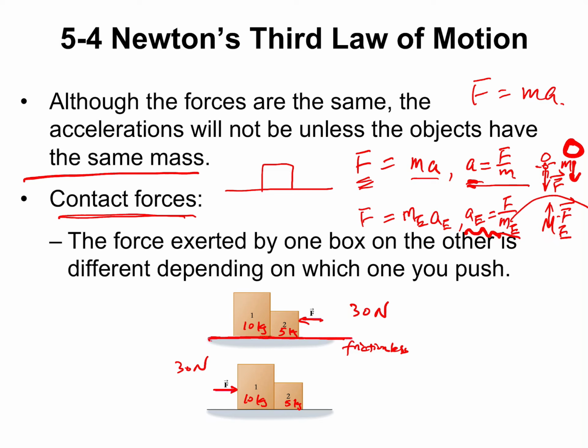We can solve this problem this way. You have one object and another object. You take this object out of the environment and look only at the horizontal direction, because in the vertical direction you don't have any motion. The coordinates in the vertical direction stay the same, so this object only has acceleration in the horizontal direction.